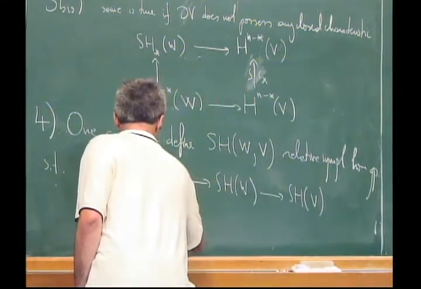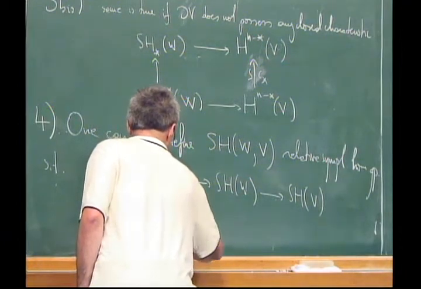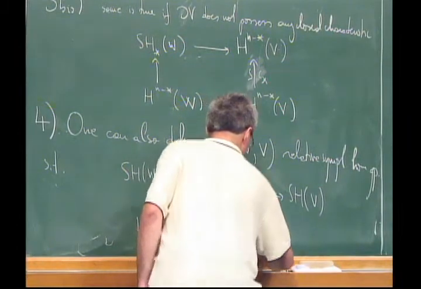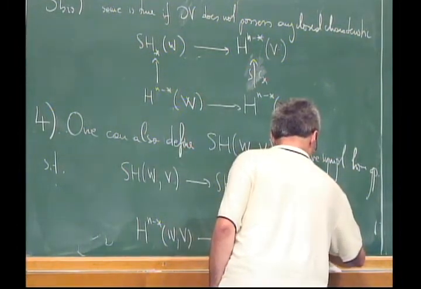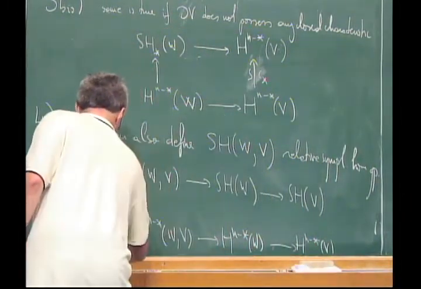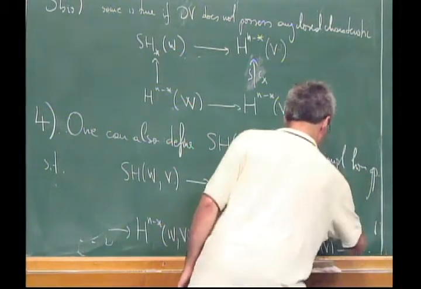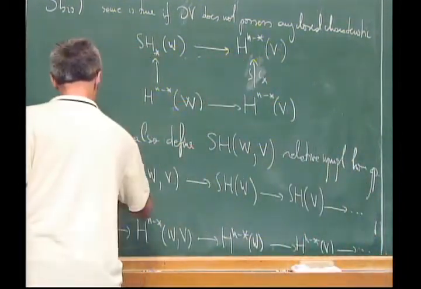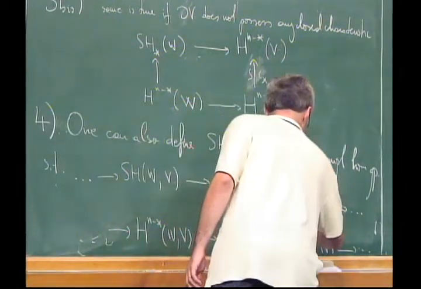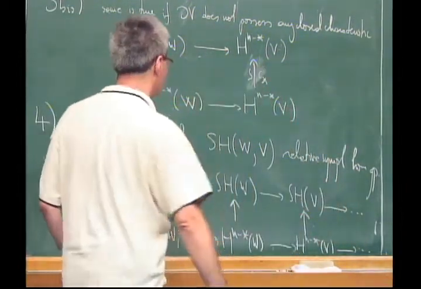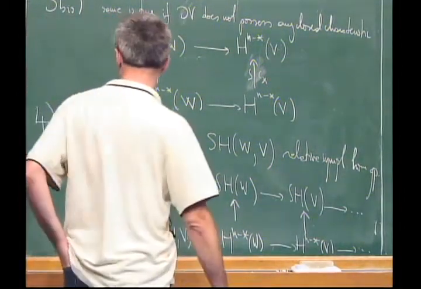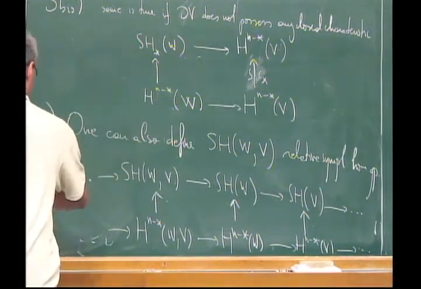And here you have relative cohomology, and you have these maps. So all the squares in this are commutative. And that's something that we are writing with Cauchy-Libak.